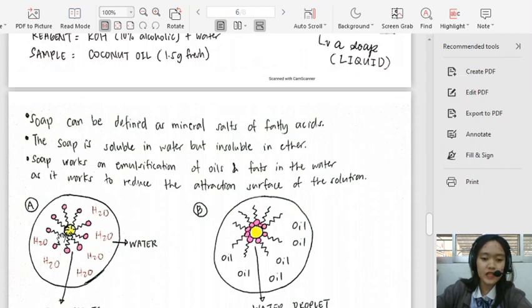And then, yung tail niya ang hydrophobic part, meaning ayaw ng tubig. Okay, so works on emulsification of oils and fats in the water. Okay, so your soap will emulsify your oil and the water, no? Imimix niya yung unmixable water and oil.